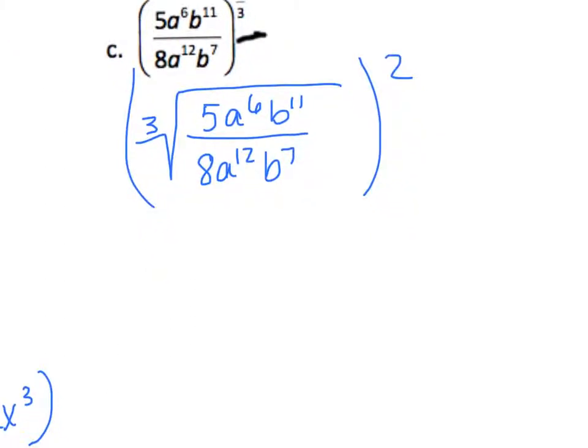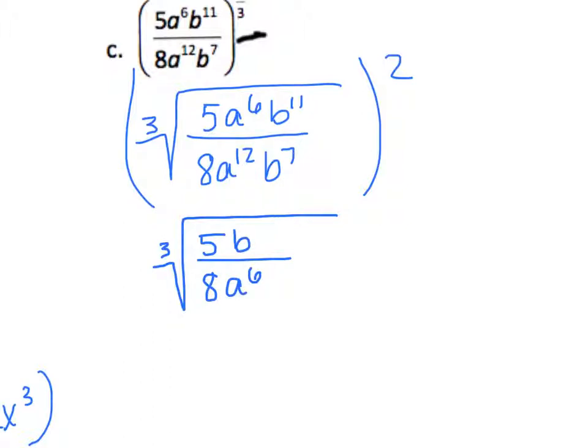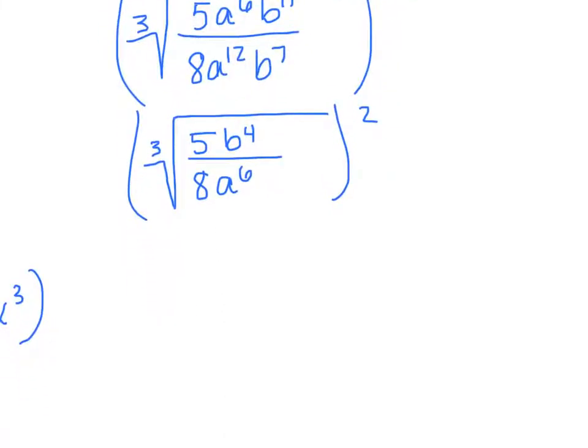So within the cube root, I can't simplify 5 over 8, but I can simplify the a's, which will leave me a to the 6th in the bottom and b to the 4th in the numerator. Now since I can't simplify anymore, I'll take the cube root of the top and the cube root of the bottom.